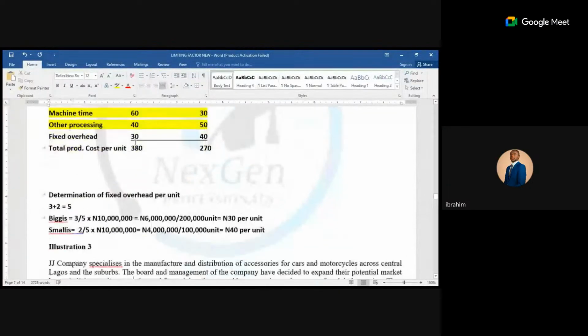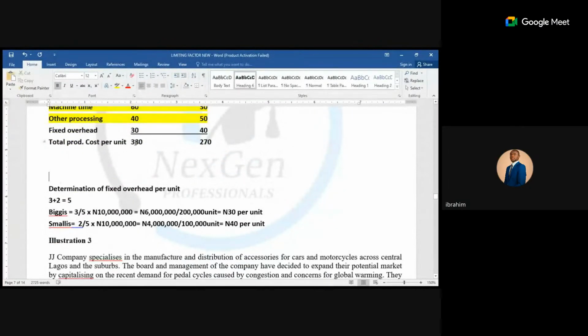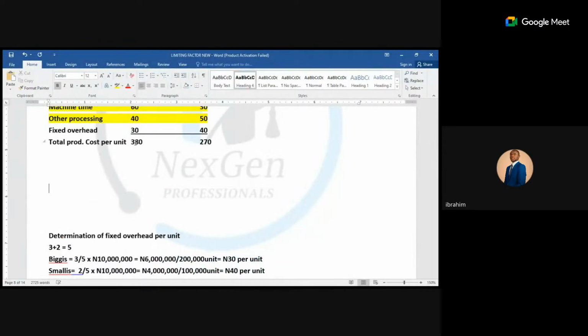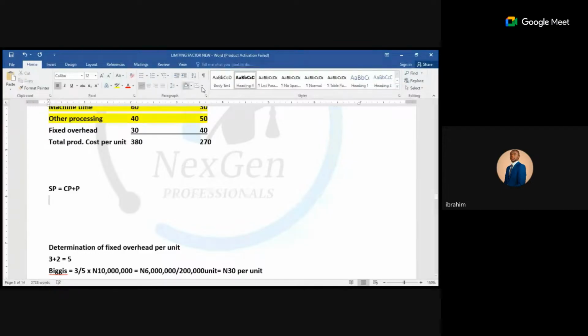Now, let me quickly take you back to the days of selling. SP equals the cost price plus the profits, right? This is your cost price.